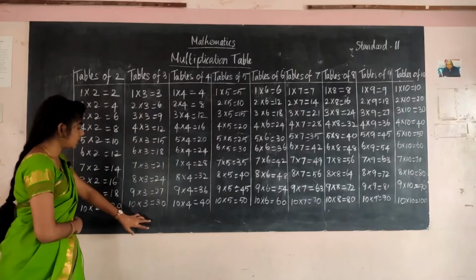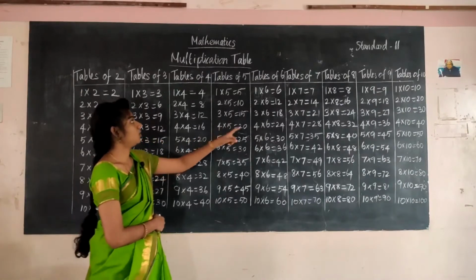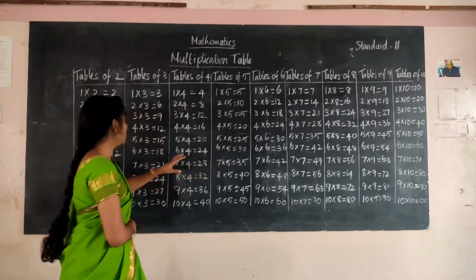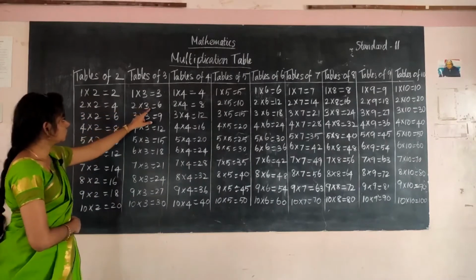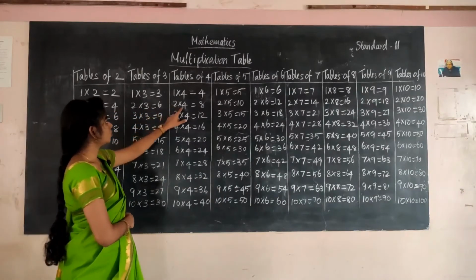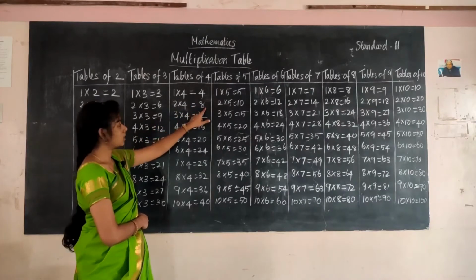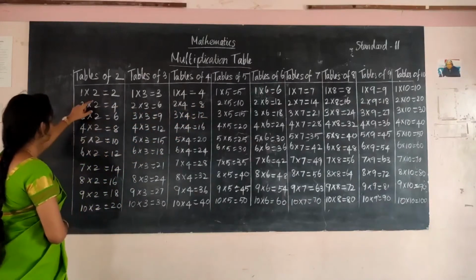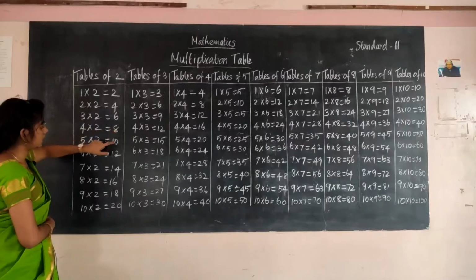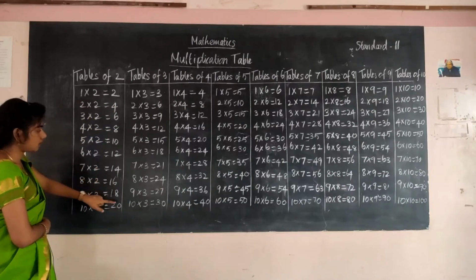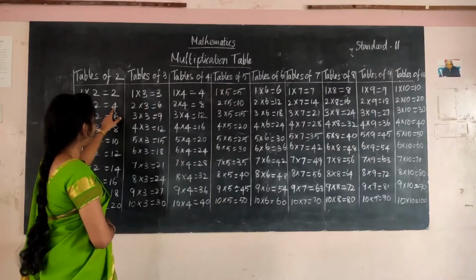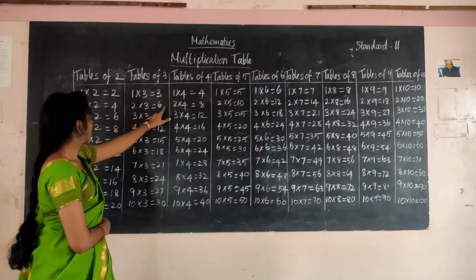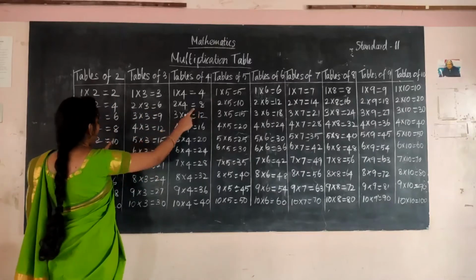As we have seen here, the same thing will be reversed for the 6th, 7th, 8th, 9th tables. So I will say, see, 2 2's are 4, no? Here 2 3's are 6, and here 2 4's are 8. So this is also a table of 2's: 4, 6, 8, 10, 12, 14, 16, 18, 20. See, it is the same thing. Here 2 started, then 4, next 6, and here 8, and here 10.